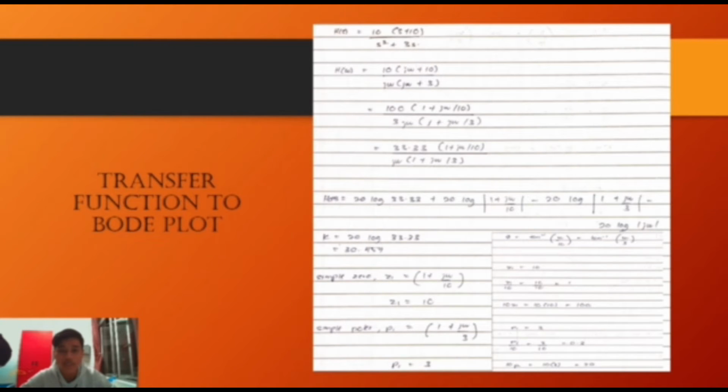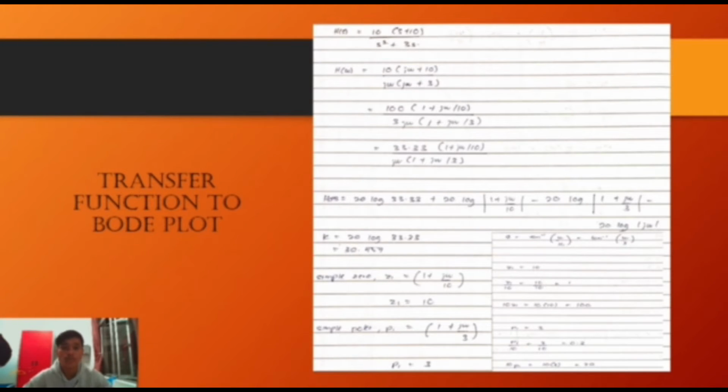After converting to the standard form, it will be 10 times (j omega plus 10) over j omega times (j omega plus 3). So what we have to do is to make the 10 and the 3 into the value 1.